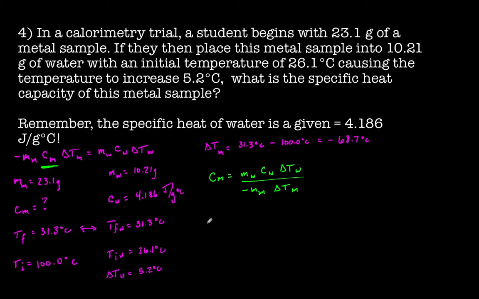So now let's plug it in. I'm going to equal mass of water, 10.21 grams, multiplied by my C of water, 4.186 joules per gram degrees Celsius, then multiplied by my change in temperature of water, which we know is 5.2 degrees Celsius, divided by my negative mass of metal, negative 23.1 grams times negative change in temperature of metal, which we solved as negative 68.7 degrees Celsius.